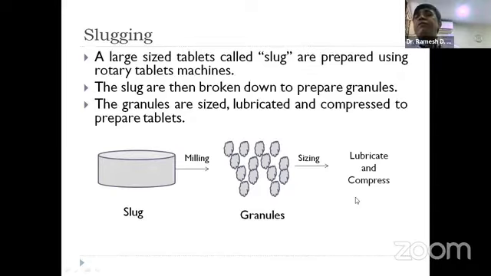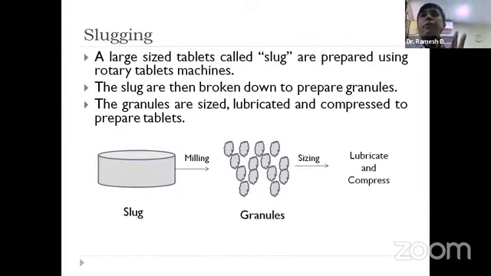Now the question is, when we can prepare a large tablet, why can't we prepare the tablet of the actual size? The answer is, the slugs are prepared, but they are not required to be uniform with respect to their size, their weight, and the drug content, while your actual tablets are required to be uniform with respect to their size, weight, and drug content. So, to impart those qualities, we need to prepare granules.